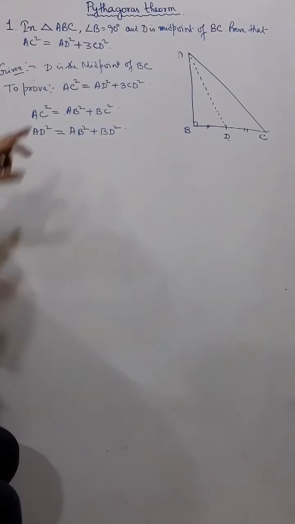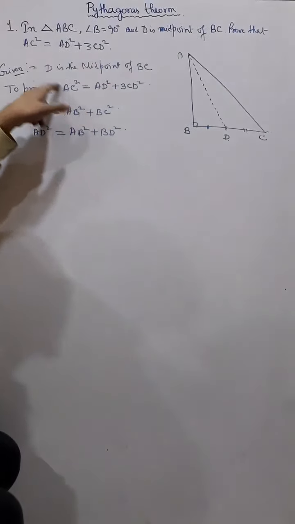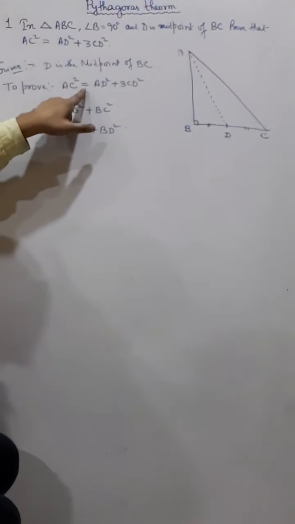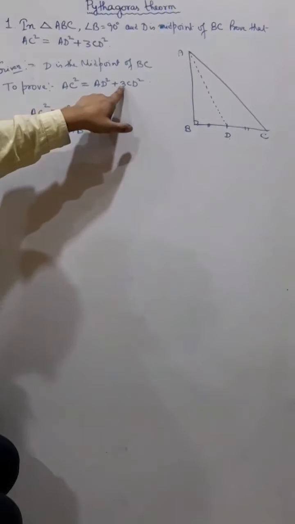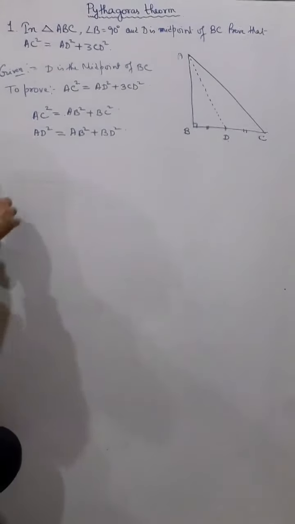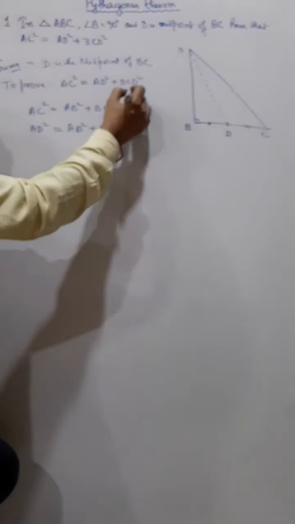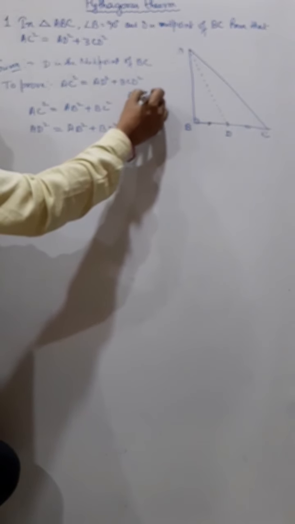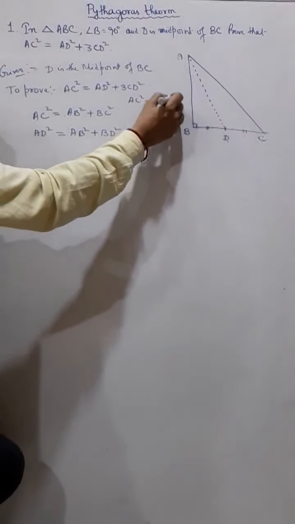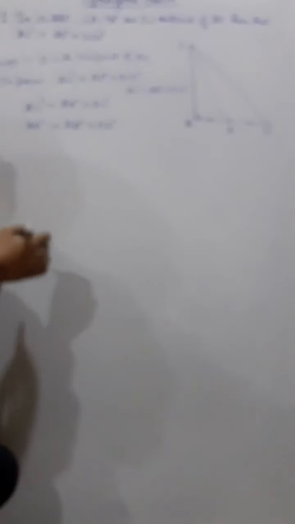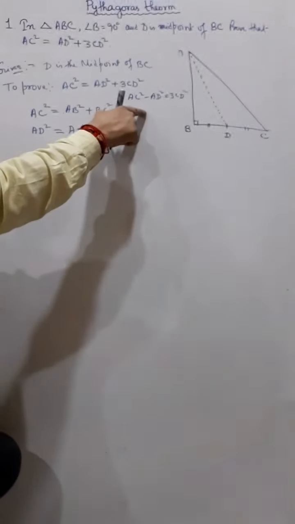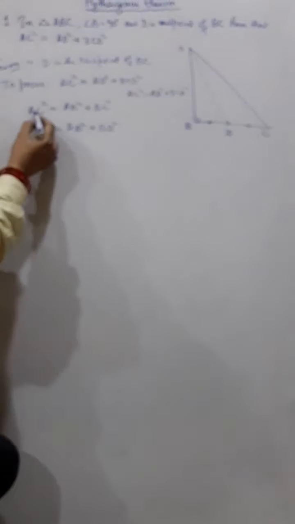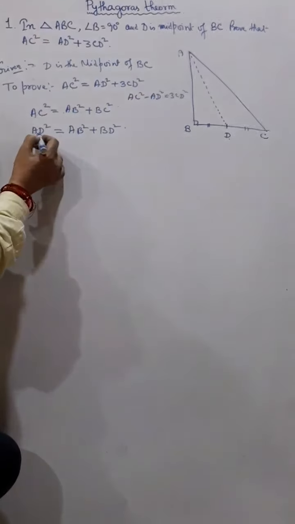Now we got AC square and AD square. What we have to prove is AC square equals AD square plus 3CD square, which also means AC square minus AD square is equal to 3CD square. Same thing.